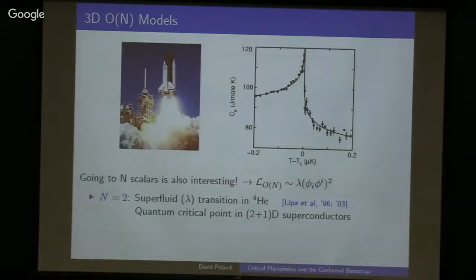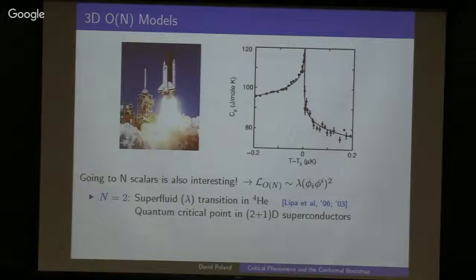Okay, before I tell you about that, let me mention that the Ising model is not the only interesting 3D conformal field theory connected to critical phenomena. There are others. So one other interesting example is if instead of one scalar field, I have n scalar fields, I give those n scalar fields an interaction which preserves an O(N) symmetry rotating the n scalar fields between each other, so phi_i squared.